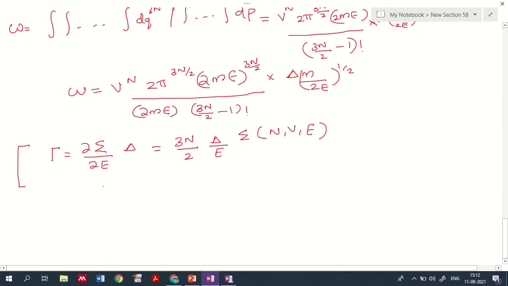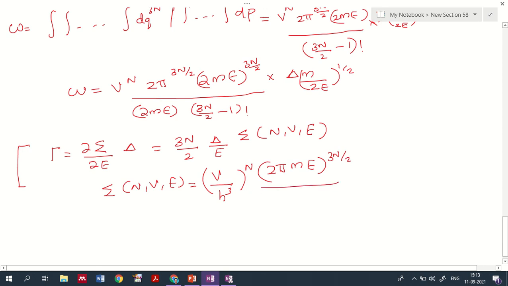And where sigma nve equals v by h cube raised to n, 2 pi me raised to 3n by 2 divided by 3n by 2 factorial.